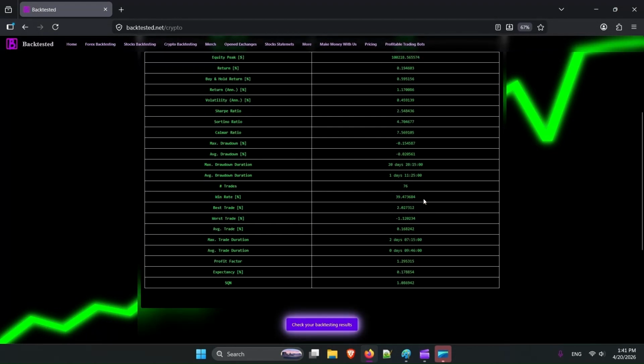And then you have the win rate, 39.74%, which is basically a reasonable win rate when it comes to a strategy that has two reward against one risk, 2 to 1.